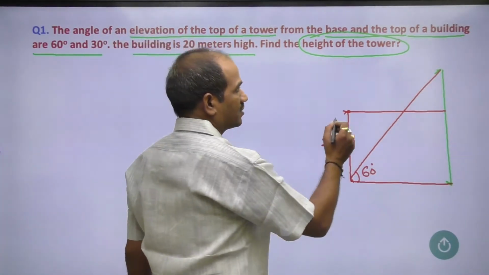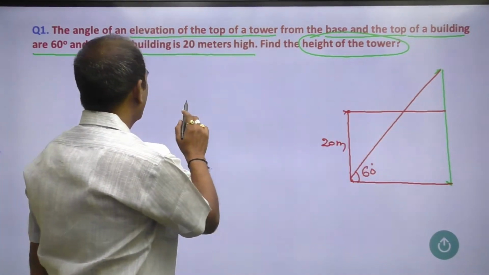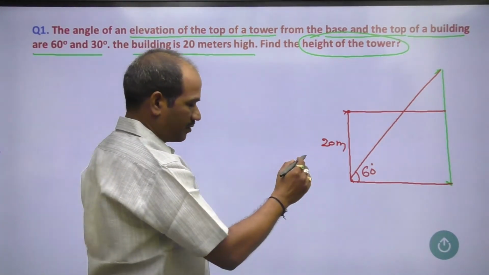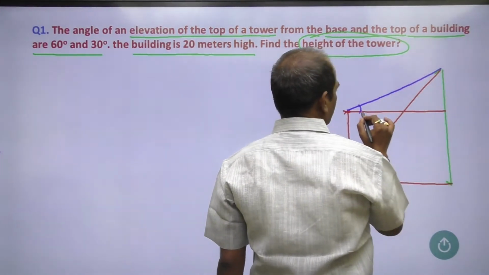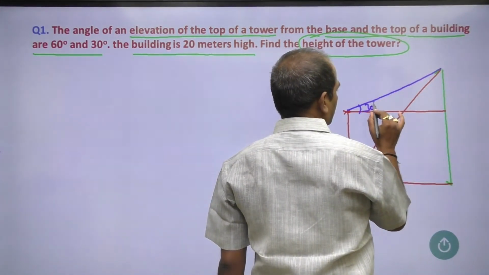The angle of elevation at the base is 60 degrees. Next, at the top, the angle of elevation is 30 degrees.